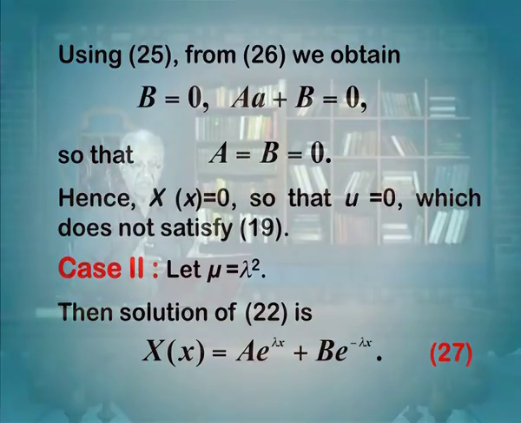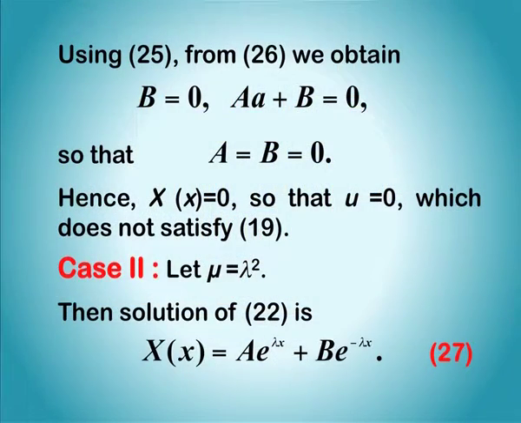If I combine these two equations, they will result in A and B both equal to 0. Hence, X of x equals 0, so that u is equal to 0, and this does not satisfy 19.